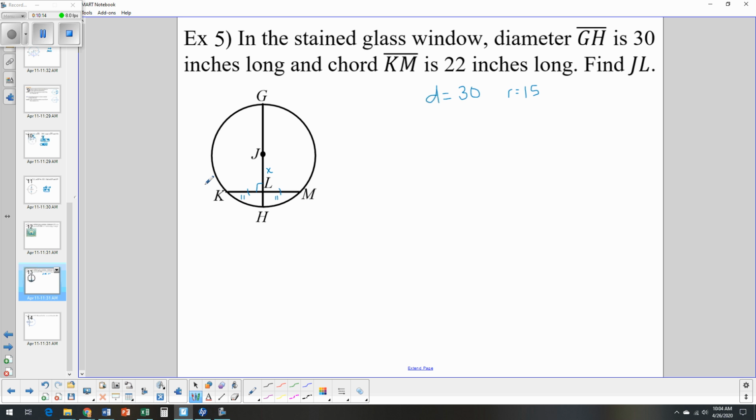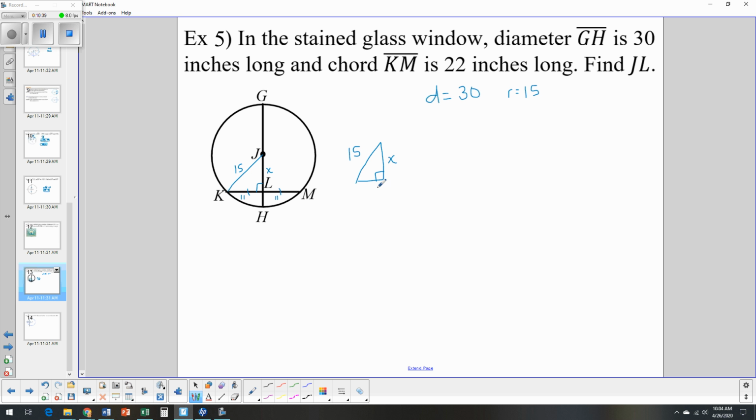So what I can do is I can draw another radius. I know anything from the center to a point on the circle is a radius. So I'm going to go ahead and draw JK is 15. Right? I know it's a radius. I know the radius is 15. And now I've created a right triangle. So I'm really looking at a right triangle with a hypotenuse of 15.